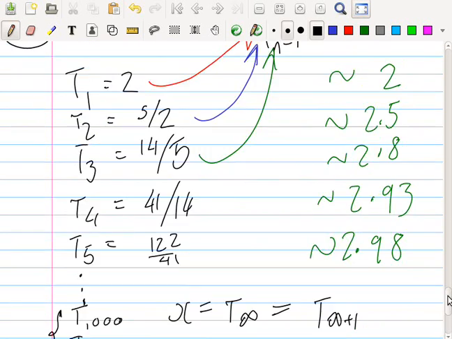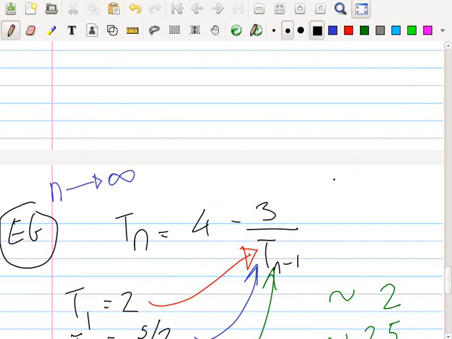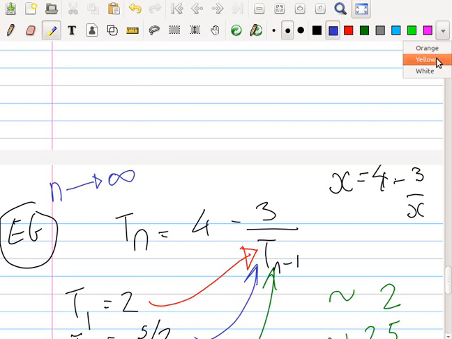So this becomes x equals 4 minus 3 over x. Because when n gets very, very large, these two numbers will be really close, in fact the same, and we'll call it x. And this is the limit.